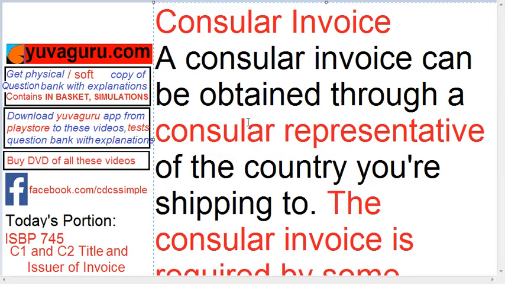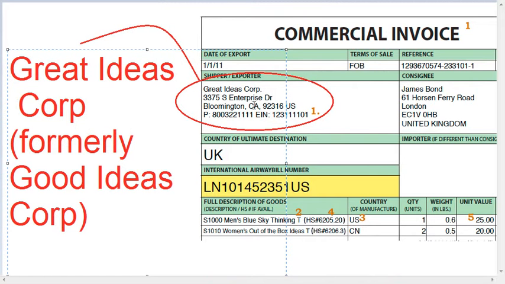So it is issued by the consular representative, that is, the consulate office of the country you are shipping to, and that office is in your country. So that was it regarding C1 and C2, regarding the title and issuer of the invoice.